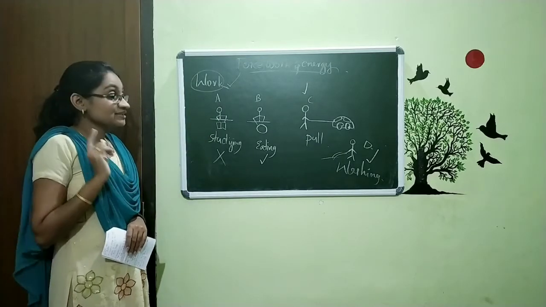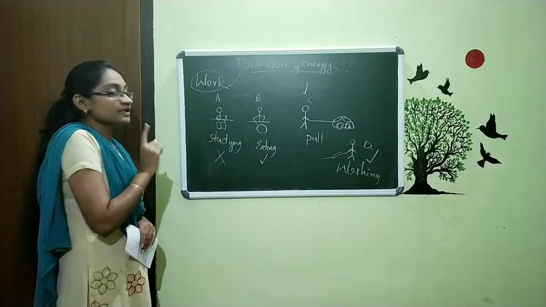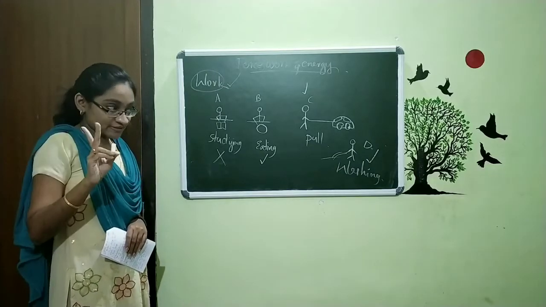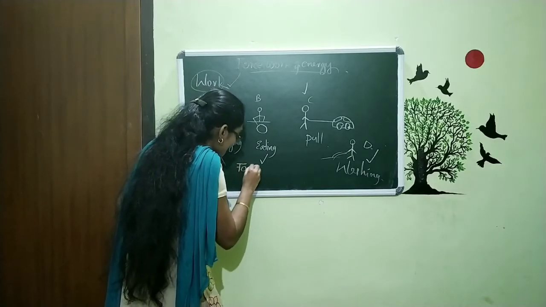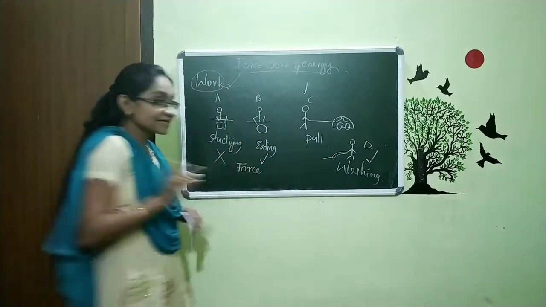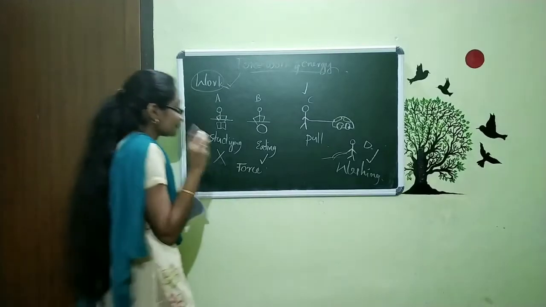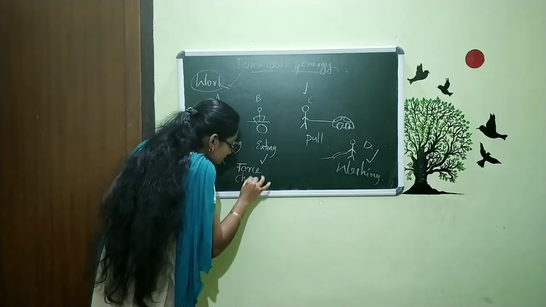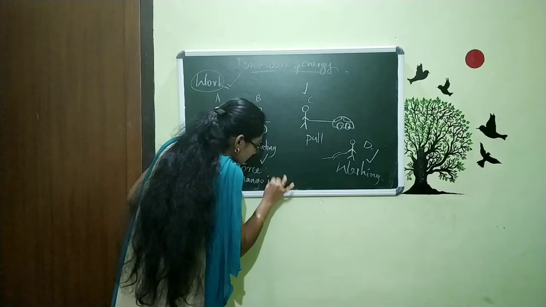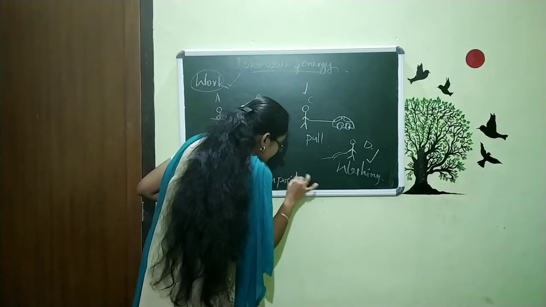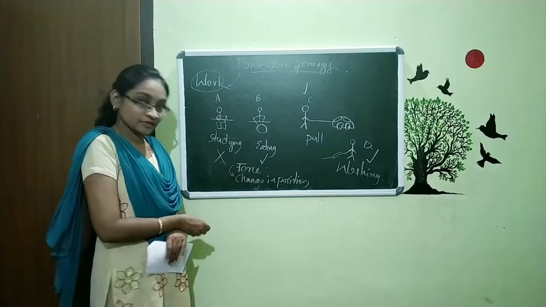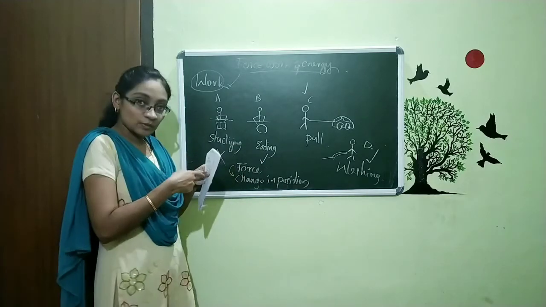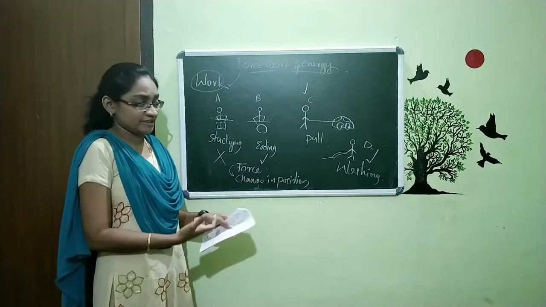The reason is this: for doing work, we need 2 things. The first thing is force, and the second thing is change in position by the application of this force. We know when I give a force, there occurs a position change, a motion.